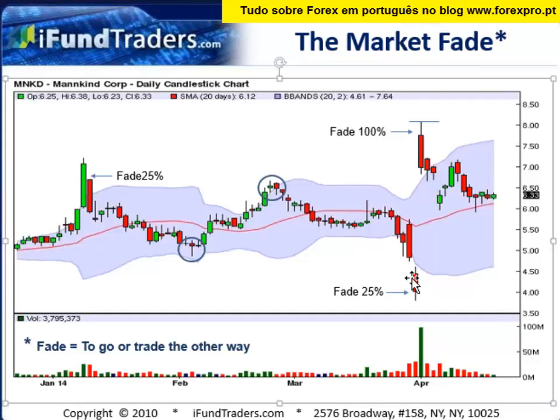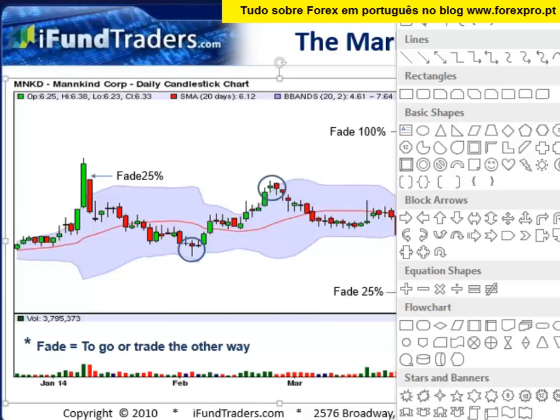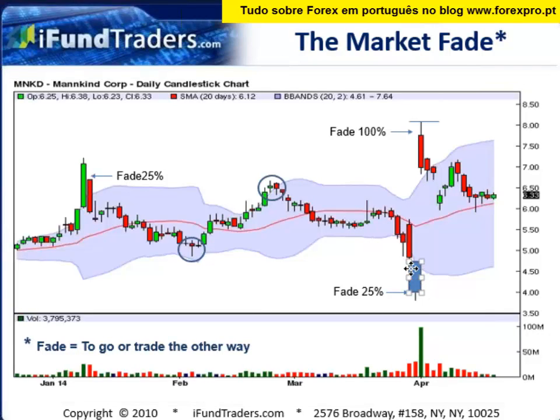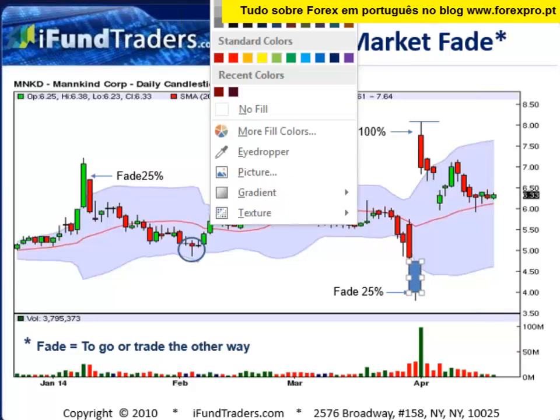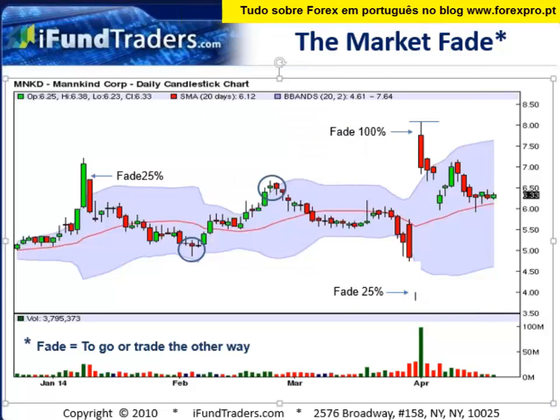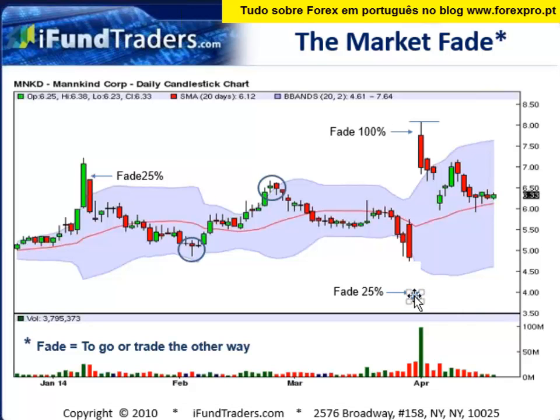Now, if we look at the one that happened before, in a sense, it's the same thing. What happened before is, you had a red bar here.